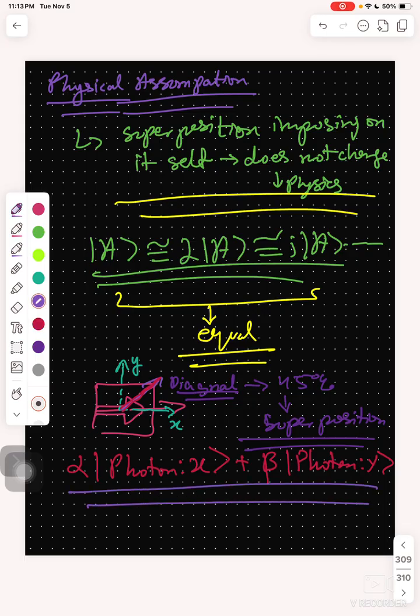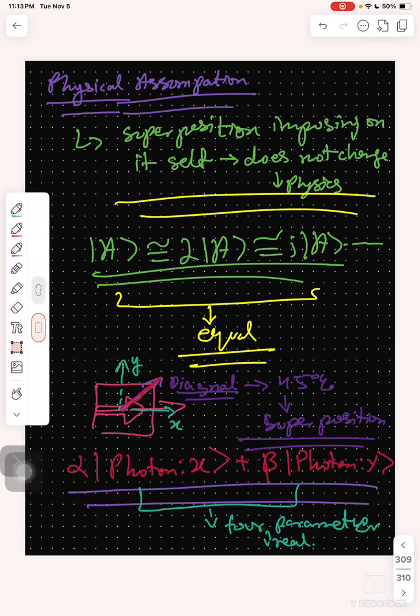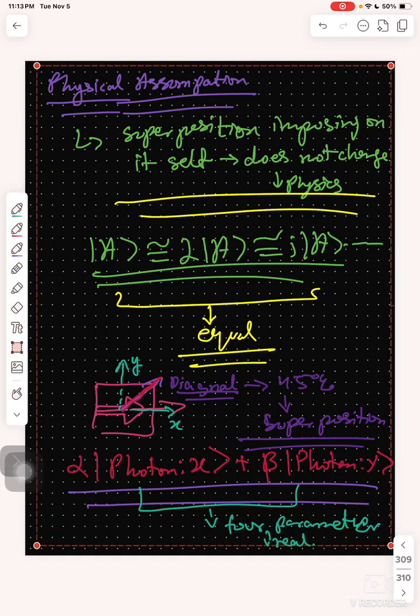When we have one complex parameter, we have two real parameters, but here we have two complex parameters, so we have four real parameters. That doesn't add up with our understanding.